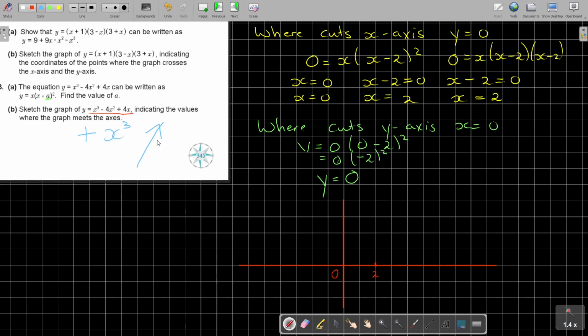Okay, so I'm going to be there, and it's going to make the turning point there. Did you see? And the gradient will go up. Okay, so let's put everything together on that. So it's going up, it's going through here, and then it's going to make a turning point there, but then it's coming down and it's making a turning point again there.